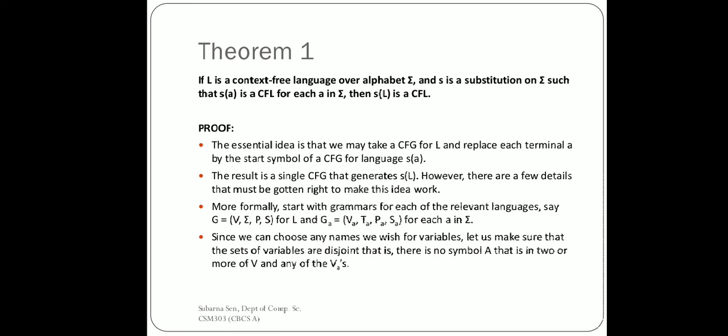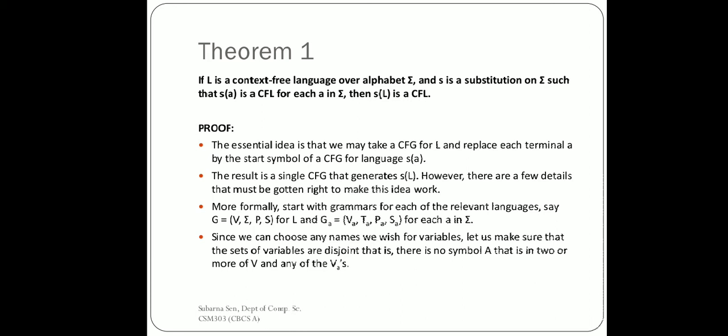So this is our goal, we have to achieve it. Fine. So the essential idea is that we may take a CFG for L and replace each terminal a by the start symbol of a CFG for the language S(a).